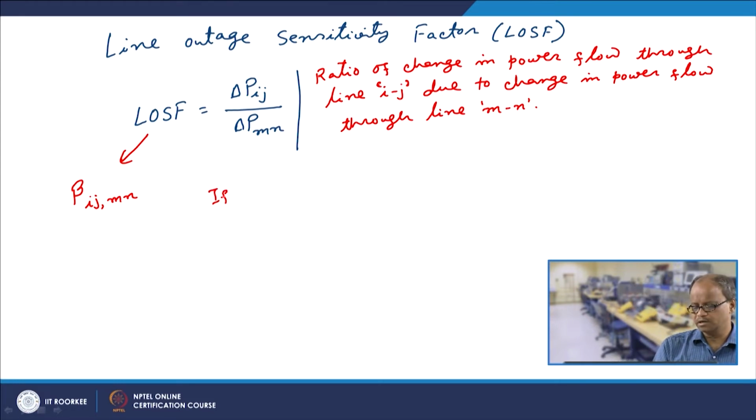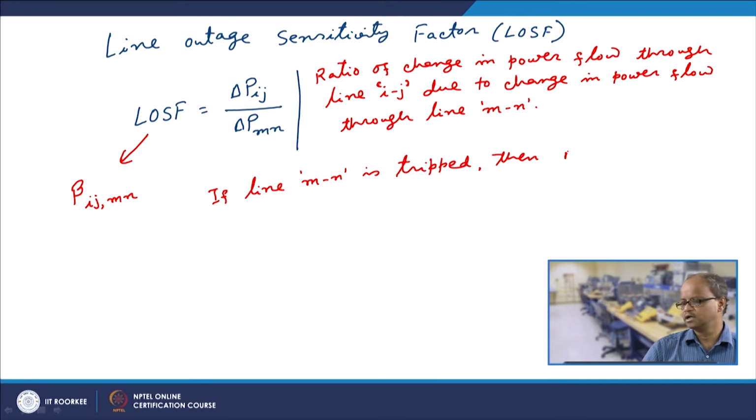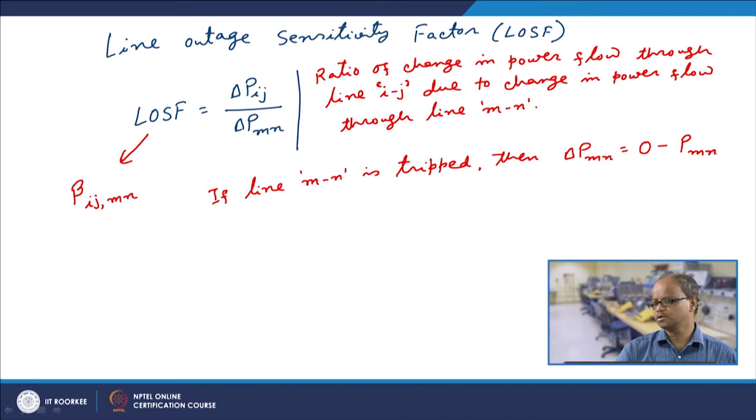If line mn is tripped, then the power flow through it would be 0 because it is an open circuit, and its initial value was Pmn. So, delta Pmn is minus Pmn, right.